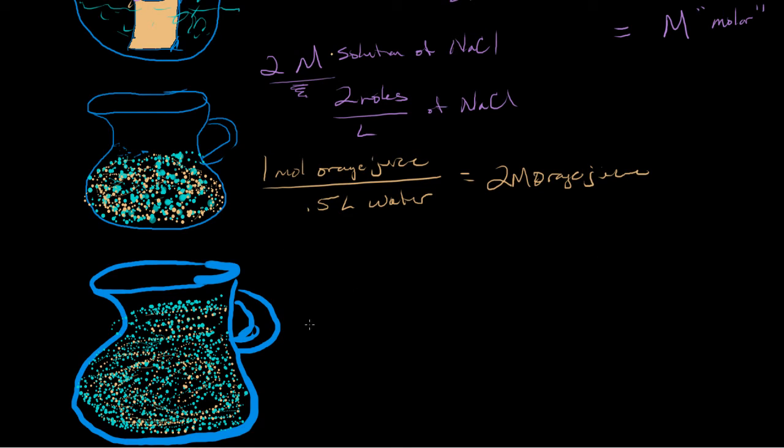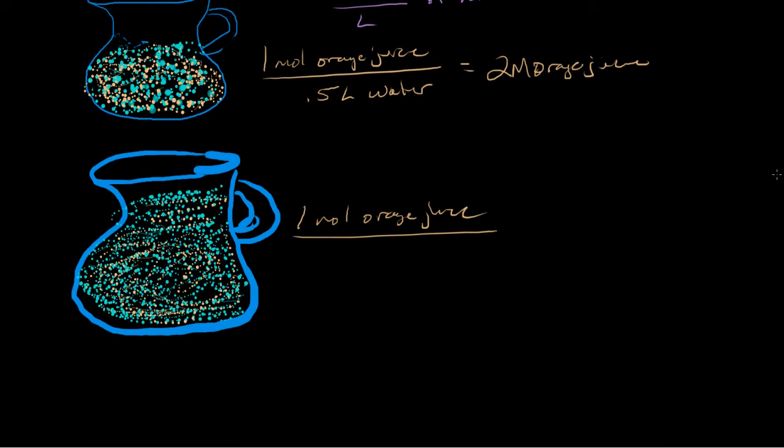But down here, if we have the same 1 mole of orange juice, and we dilute it and increase the amount of water, and now we have 1.0 liters, all of a sudden our molarity has decreased, just because we've added more water.